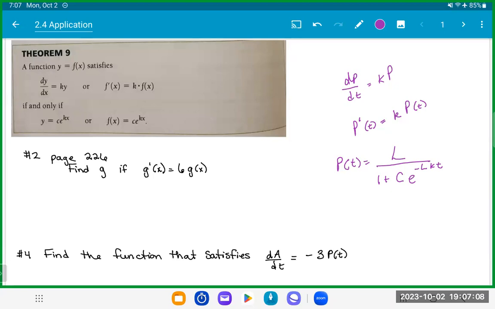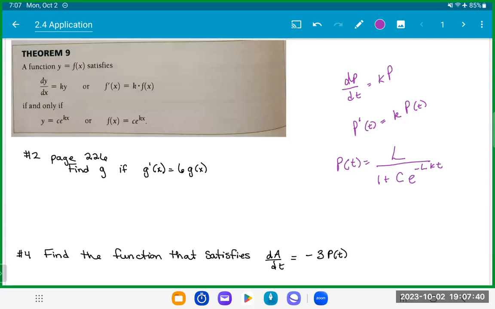And we'll look at an example in a little bit about turtle population and how we can determine the limiting population of that based on this growth limit. Okay.